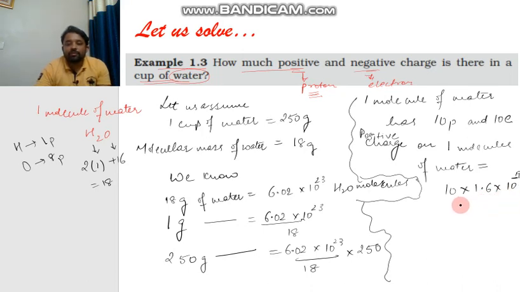So for 10 protons it will be 10 multiplied by 1.6 into 10 raised to power minus 19. This is the charge carried by one molecule of water.